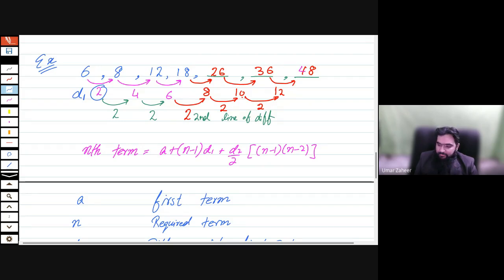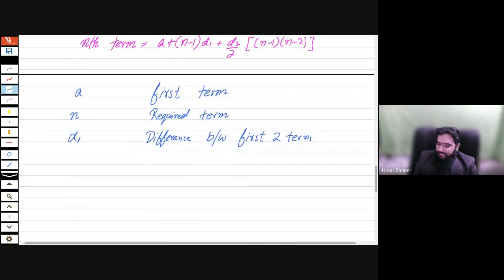Obviously, in the second line of difference, all values are going to be the same. You have to take the very first difference, meaning the difference of the first two terms.